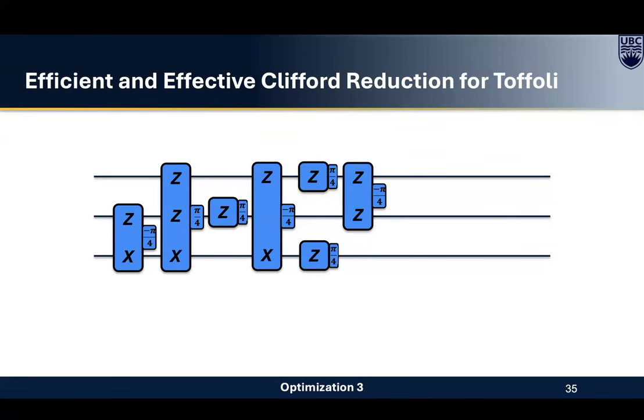So they do have a slight effect on the overall gate parallelism, but it's not amplified to the entire circuit level. So the overall gate parallelism remains on a similar level to the original circuit.